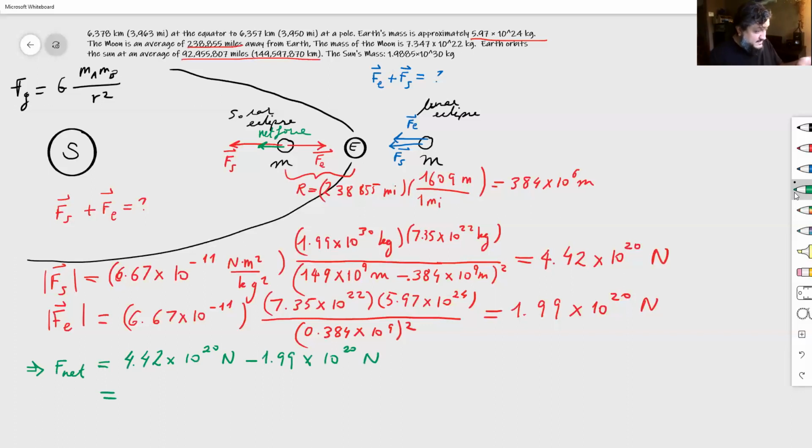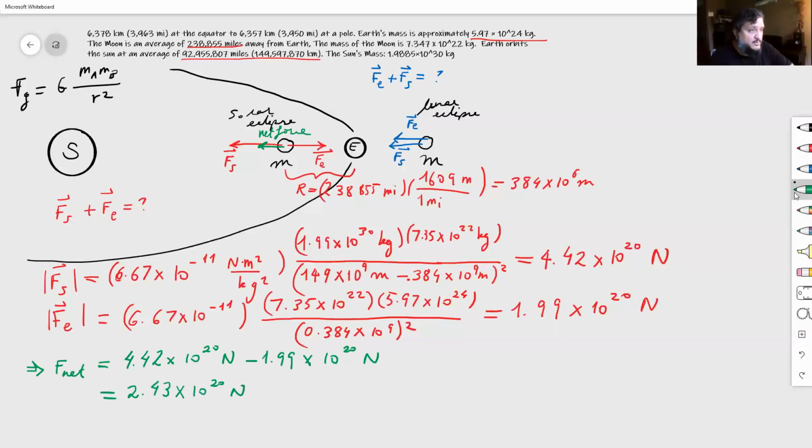So that is what, 2.43, right? 2.43 times 10 to the power 20 newtons. All right, that's the force on the moon during a solar eclipse.